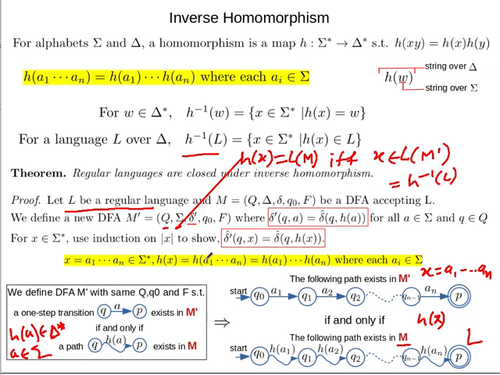And we will prove a stronger statement, like for any state Q, if you take a string x, and if you consider this delta hat, transition using multiple steps, this will be equal to delta hat of Q, hx here.